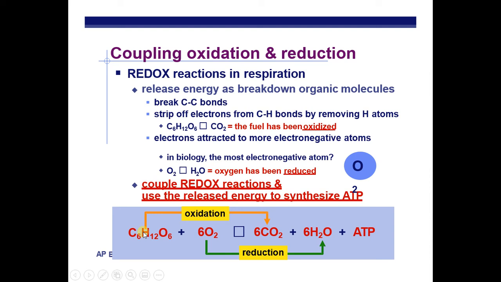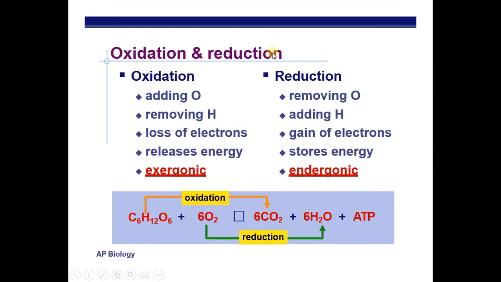So we couple redox reactions and use released energy to synthesize ATP. When we remove electrons from glucose and add them to oxygen to make water, it's going from carbon-carbon and carbon-hydrogen bonds to oxygen, which is a lot more electronegative. We can use that released energy to make this ATP right here. So maybe a simplified way of thinking about it is this.